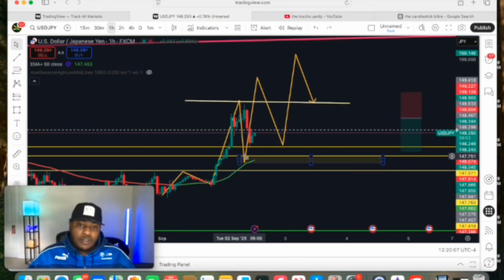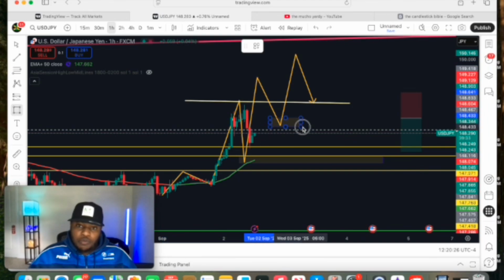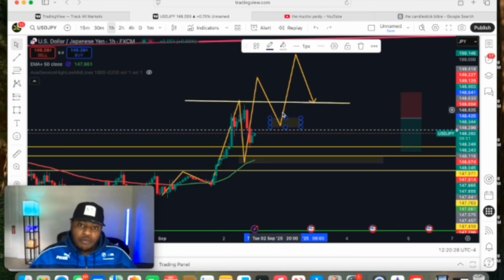It might never come to this area, but with this markup of highs and lows, if it continues and gives us a higher high, it's going to eventually form a lower low. Now this lower low might end up being right here. Wherever that lower low ends up, we can take a buy from there. So now we just have to let it play out.